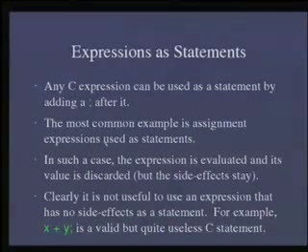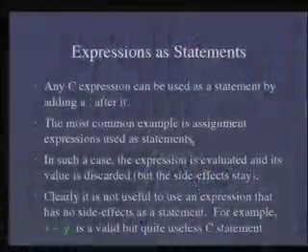Now when we use such a statement, the meaning is that the expression is evaluated and its value is discarded. So this makes sense. This is useful only if the expression has certain side effects, because if it has no side effects, only its value is important, then it doesn't make sense to use that expression as a statement because the value is discarded anyway.